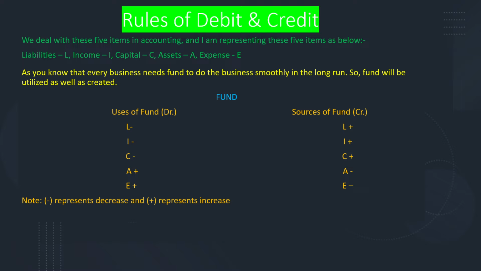And just reverse: LIC plus, AE minus will be credited, right? Minus represents decrease and plus represents increase.